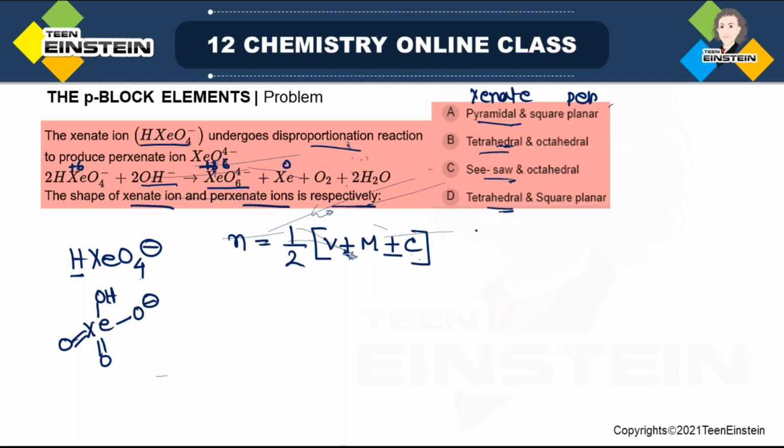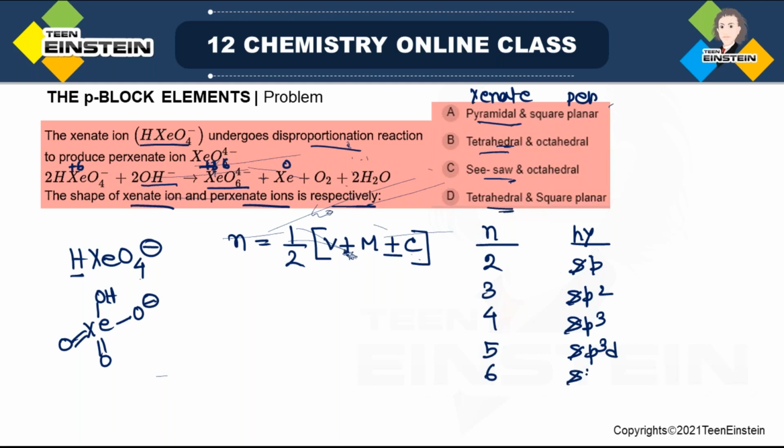single bonds. Now this N value, when it is 2, the corresponding hybridization is sp, that means 2 coordination. If it is 3, it is sp2. If it is 4, sp3. If it is 5, it is sp3d.